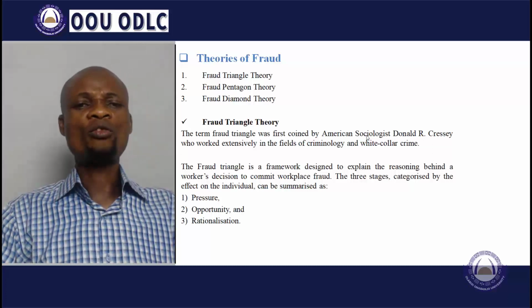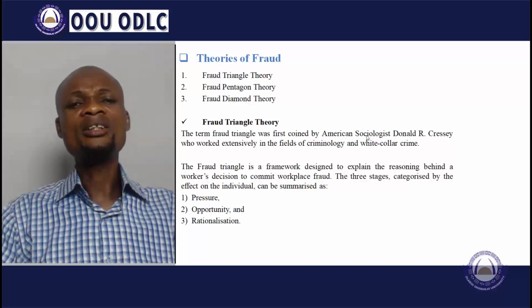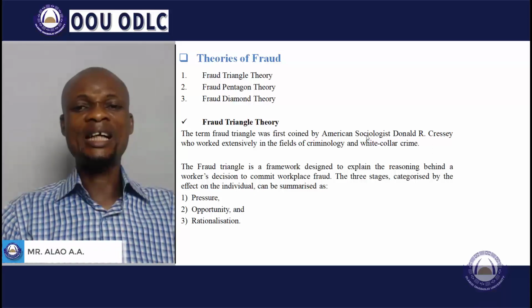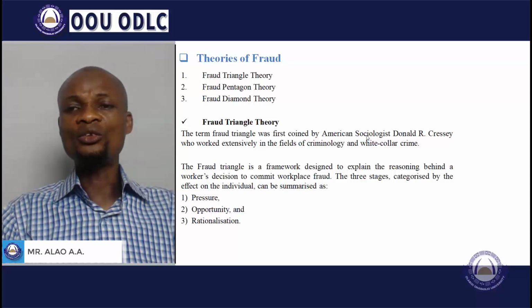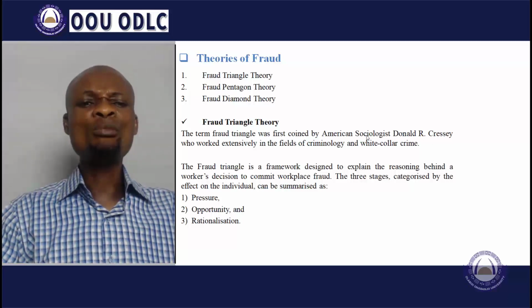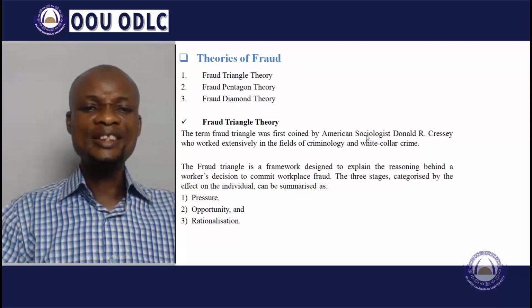The first one, fraud triangle theory, you will recall that we have mentioned this under our history and evolution of forensic accounting, where we mentioned this sociologist, this scholar Donald Cressey. Donald Cressey is the one that came up with the fraud triangle theory.